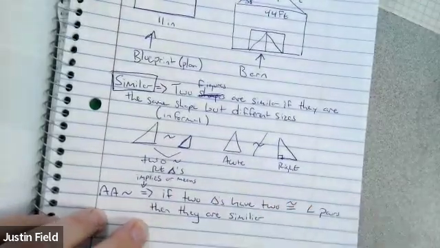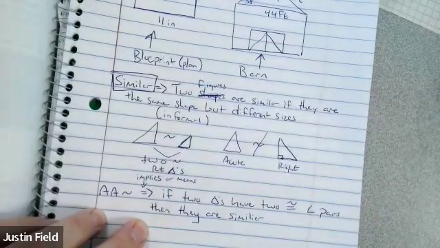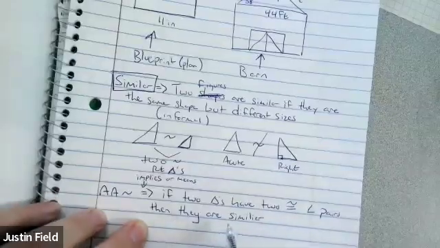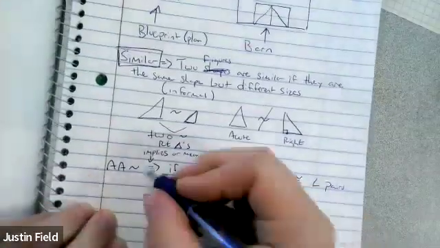Okay, I know I could have just made my little squiggle, but I wanted to write out the word that time. So if two triangles have two congruent angle pairs, then they are similar.